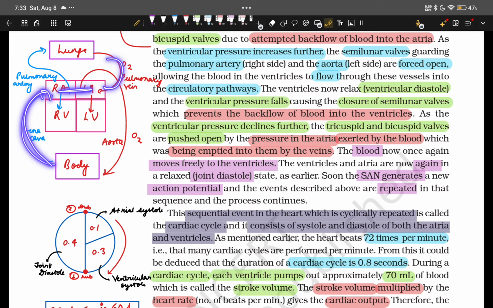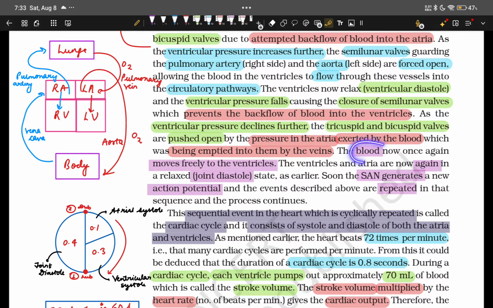Because of this force, the tricuspid and bicuspid valves are pushed open, and the closure of the semilunar valves causes the dub sound at the end of this joint diastole. Alright, now we know how the dub and lub sounds are produced.